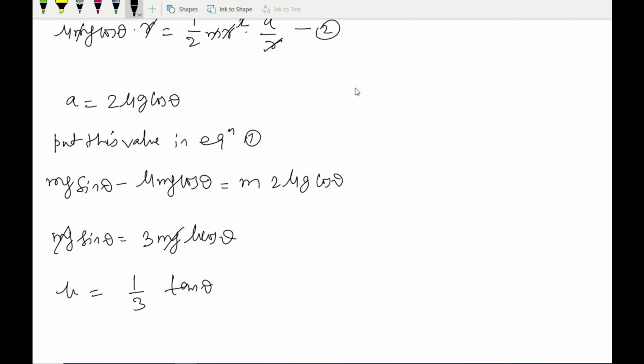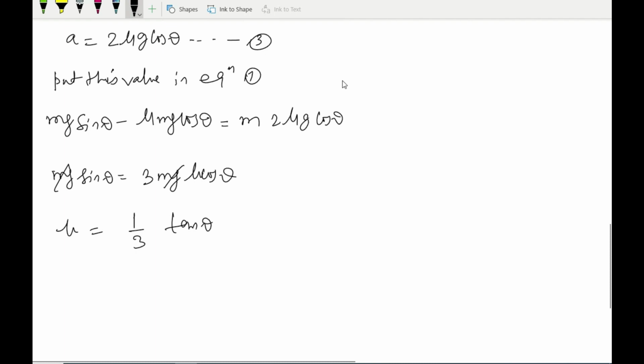Let's say this is equation number 3. Put mu in equation 3. So you can find out a is nothing but 2 times mu, which is 1 by 3 tan theta.